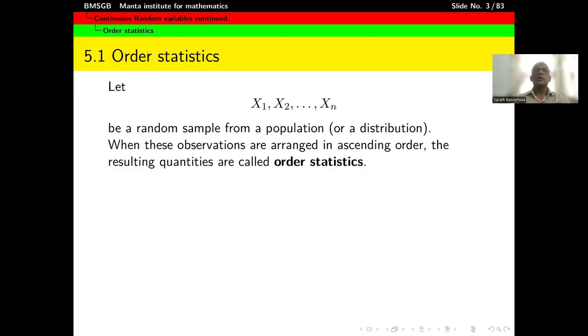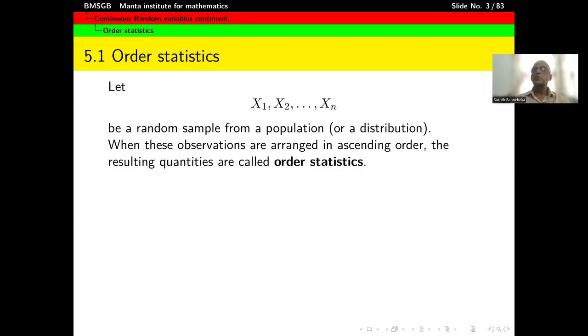So the minimum of x1 up to xn is a function of x1 up to xn. Maximum of x1 up to xn is a function of x1 up to xn. And similarly, the second smallest one, third smallest one, are also functions of x1 up to xn.